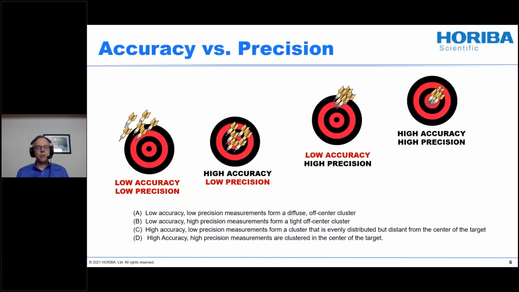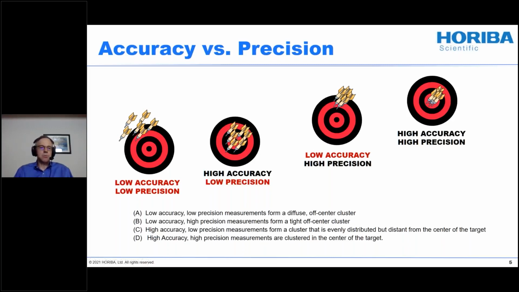So I'm going to start with a comparison, accuracy versus precision. You've probably seen this a number of times in experimental work. Quite often the analogy is the same as here, where you're throwing darts at a dartboard. If all the darts land, like on the left, in a very broad group and nowhere near your target, that's low accuracy, low precision.